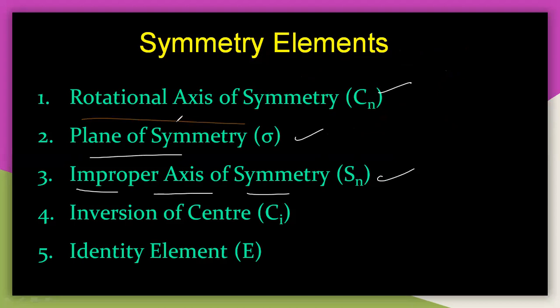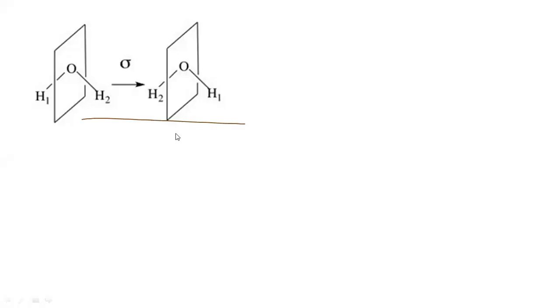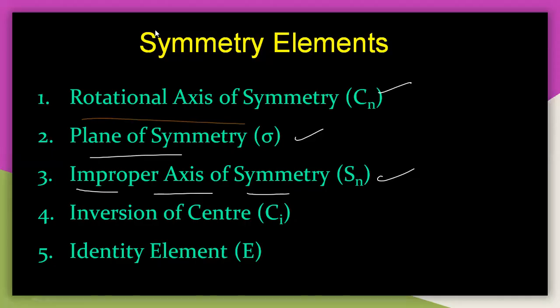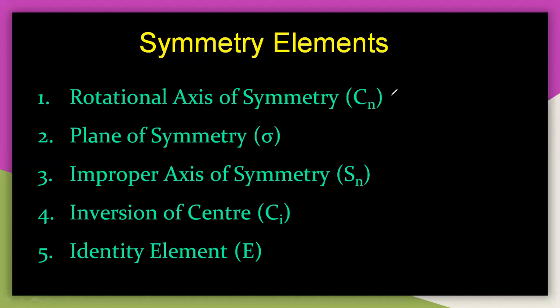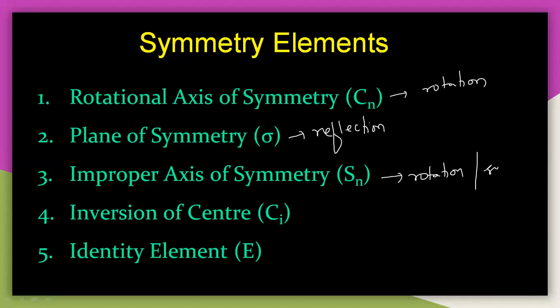Now, the improper axis of symmetry is related to the rotation. The word indicates rotation. The rotation can be obtained by rotation, and the plane by reflection. But this improper axis of symmetry can be obtained by rotation followed by reflection.